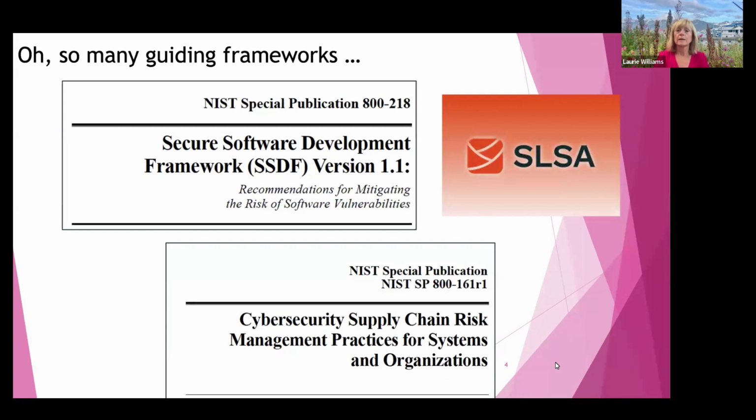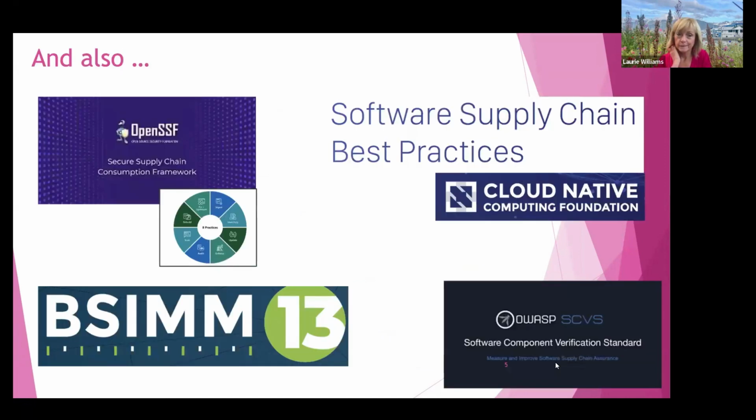Some of them are here: the NIST SSDF, the SLSA framework. NIST has another framework, 800-161, that's both hardware and software supply chain. OpenSSF has the Secure Supply Chain Consumption Framework, or S2C2F. Cloud Native has a supply chain framework.